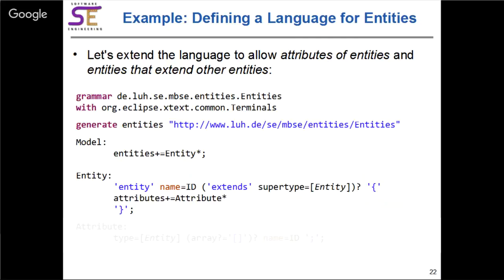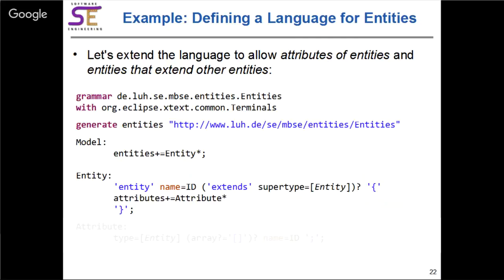So basically we say we can reference already existing entities. Here we see that entity appears in angle brackets, whereas here it doesn't.